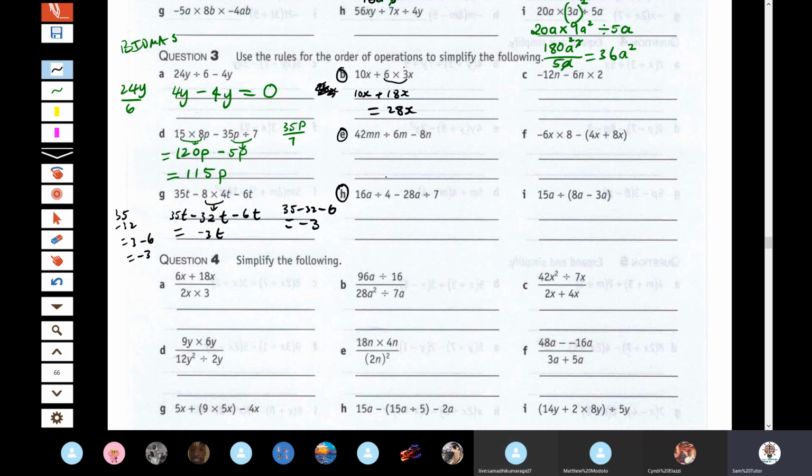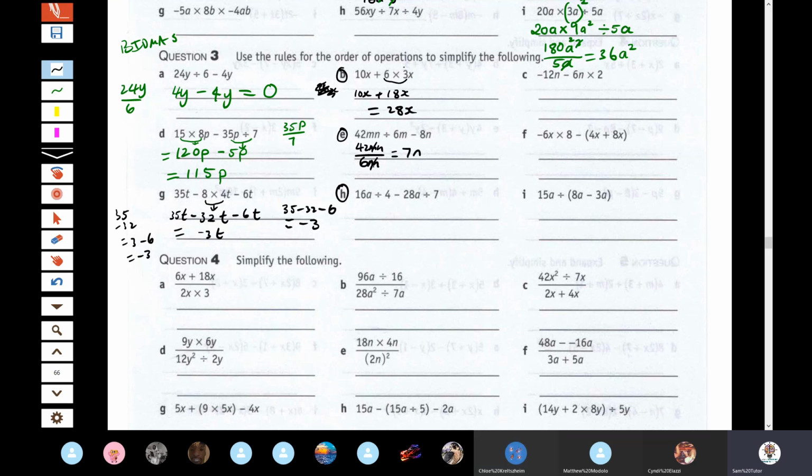E, let's try. Chloe, let's do E. What's the first step? The first divide. 42, yep, and then 6 divided by 6m. Which gives you what? 7n.